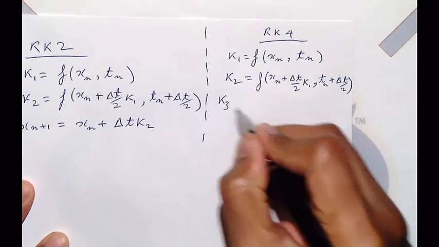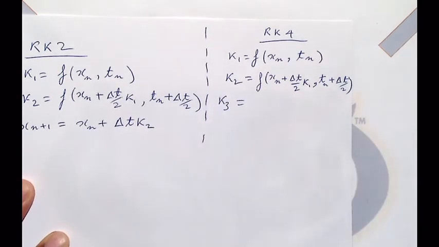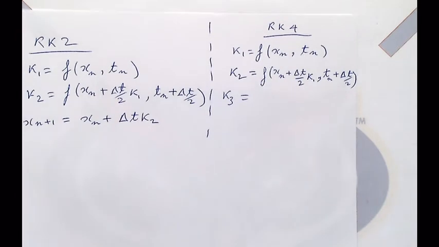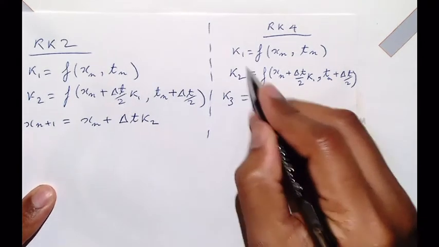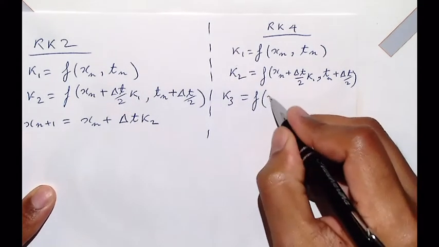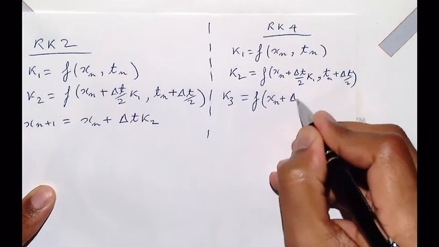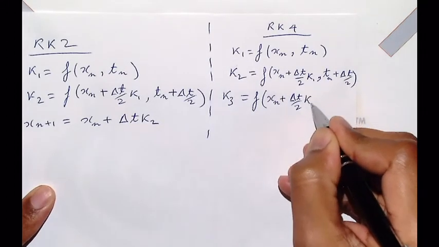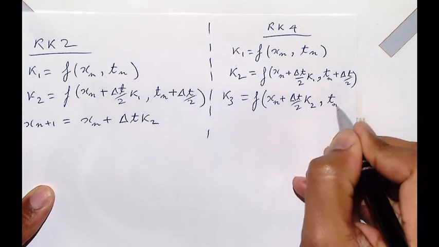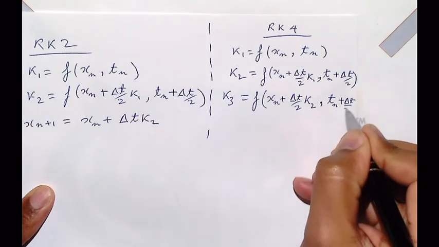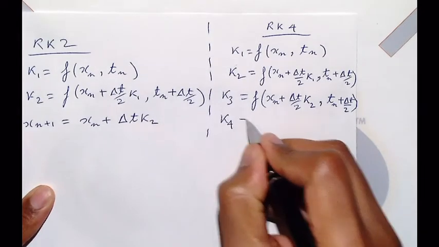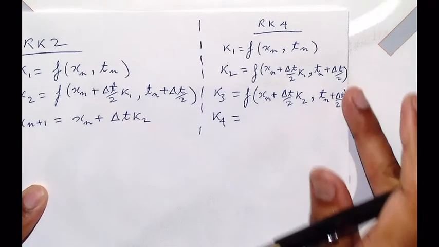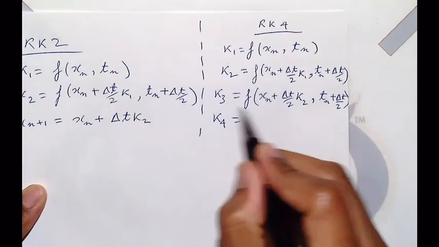K3 is, you again take a half step starting from xn, but this time you use this new slope that you've computed. So it's xn plus half step K2, comma, tn plus delta t over 2. And then there's a K4, which says, all right, now you take a full step using this K3.